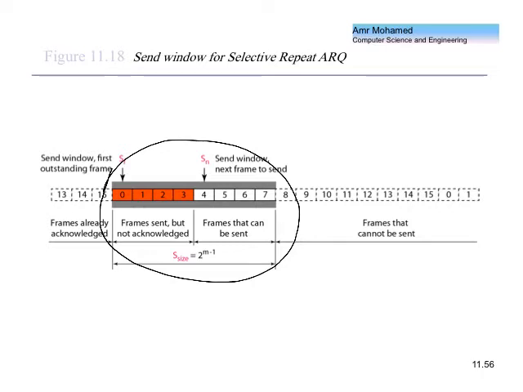That's why we said that the window size of the sender has to be 2 to the power m minus 1. But here, we have to have another window at the receiver, which is equal in size, and that's why each one will have to be half. Okay? And when we go through the timing diagram, it will become clear why we need the window size here to be half.